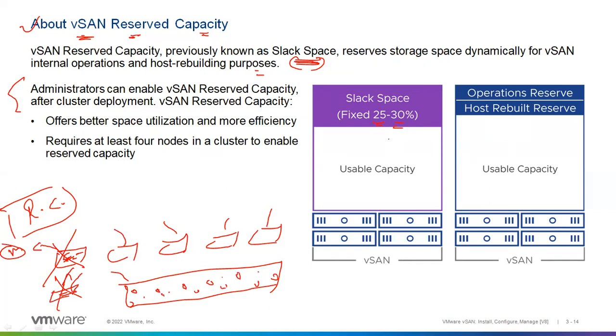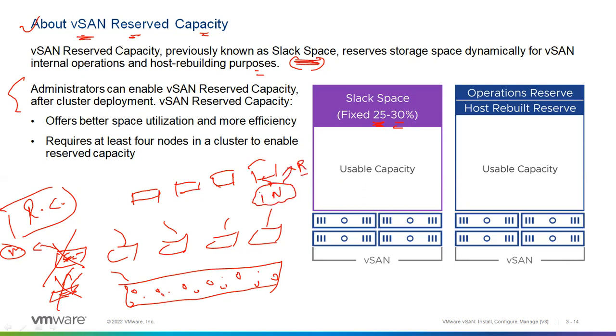But from the vSAN 7 perspective, they have made it dynamic. Dynamic means if I reserve 25%, this formula fits when we are configuring a 4-node vSAN cluster. Out of 4 nodes, we are saying just keep 1 node of capacity. 1 node equals 1 node of capacity.